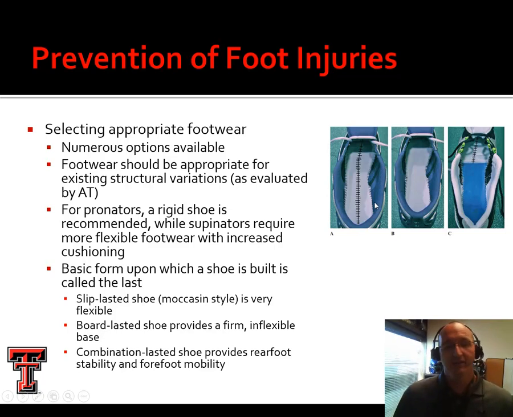So the only way you can tell, it's not going to say it anywhere on the box that it's slip-lasted or board-lasted or combo-lasted, we have to basically pull the sock liner up and take a look. That's the only way you can tell. A combo-lasted shoe has a slip last in the front and a board last in the back, so that we get more stability in the back and mobility in the front.